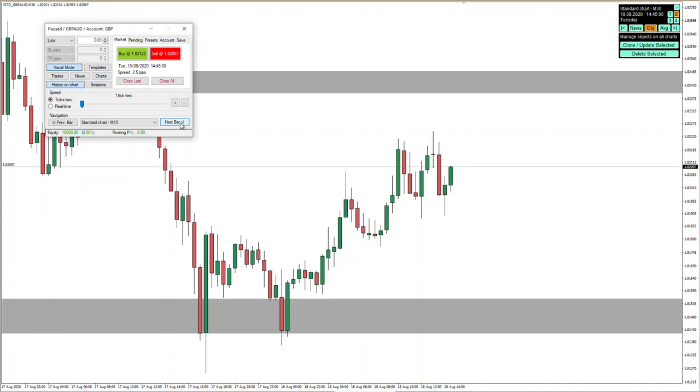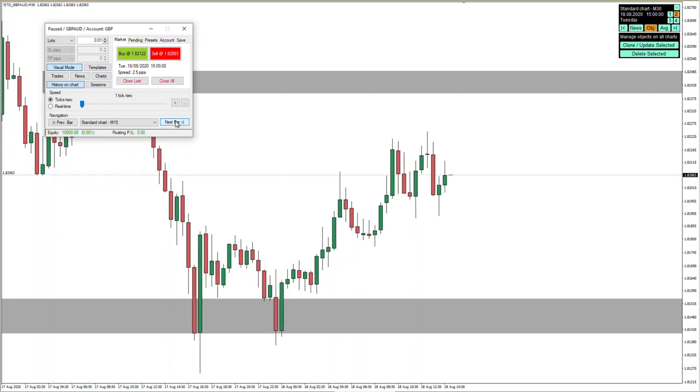Next bar. The candle is not that large. Okay, so this is New York Open. Very sideways market.